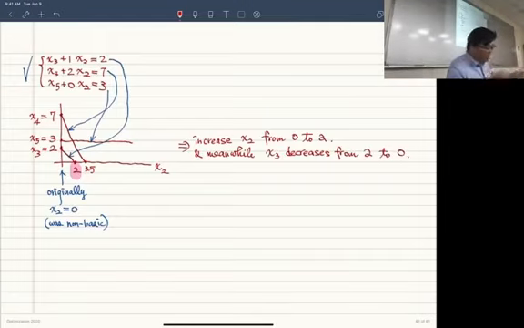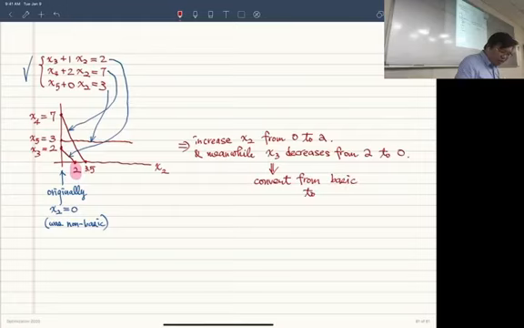So actually, x3 is the one converted from basic to non-basic because it becomes 0.